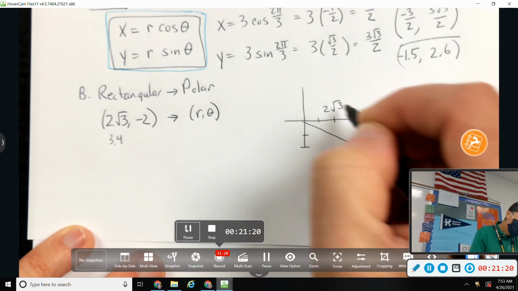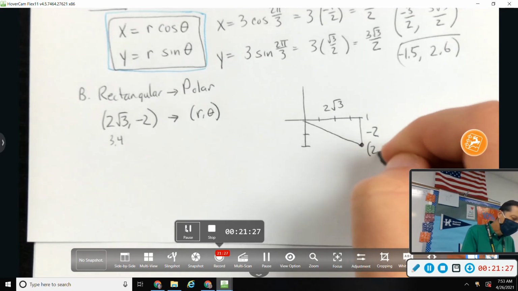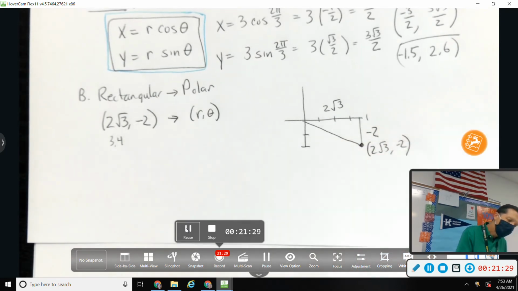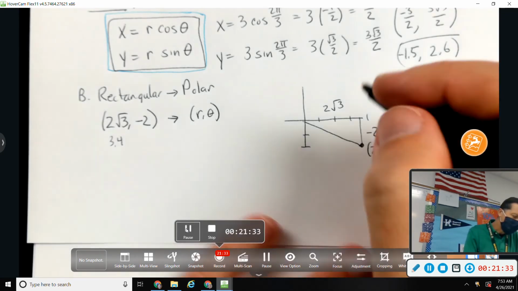Negative 2. Right? That's the rectangular coordinates, and we want to know the r and the theta.